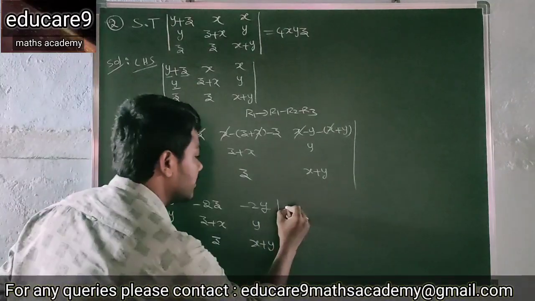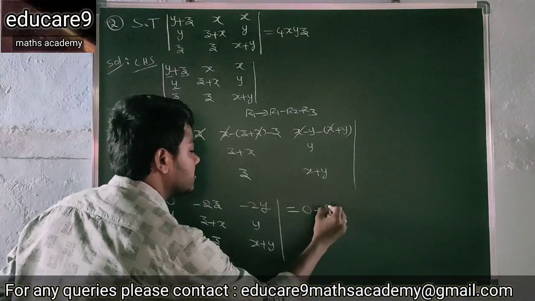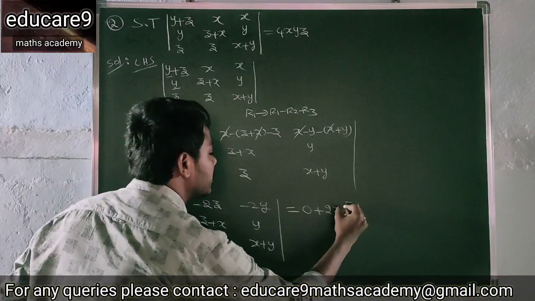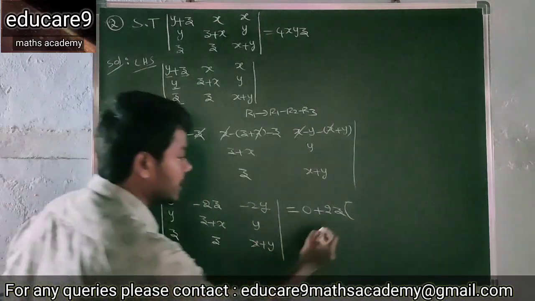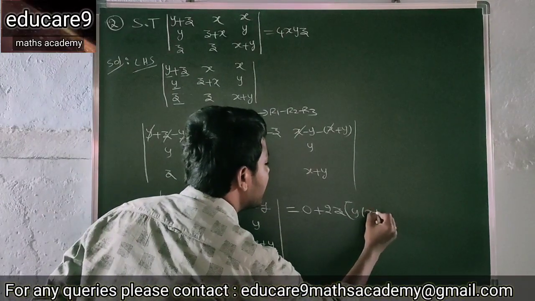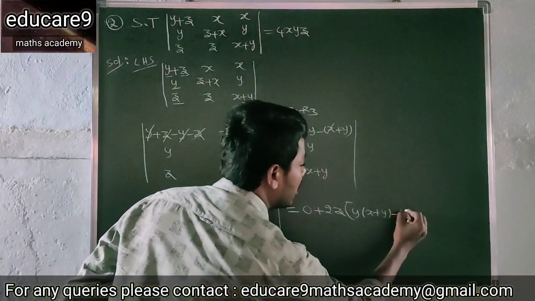So what you get? 0 minus, into minus, plus 2z into, delete the corresponding row and corresponding column. You get y into x plus y minus zy, or yz.